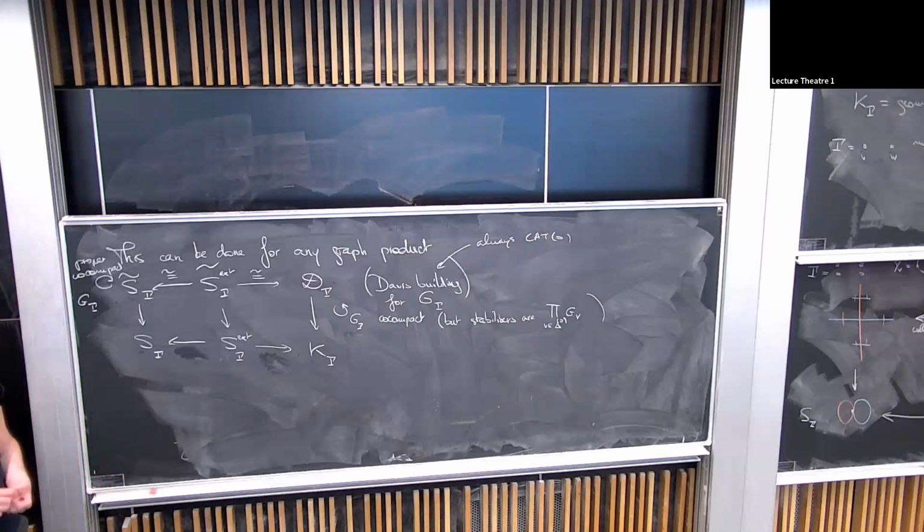Other questions? So when you say it can be done for any graph product, you mean the polyhedral product, the pair of spaces? You can always do that construction where instead of the YV being copies of circles, when the group is Z, you take the circle S1 and the base point.